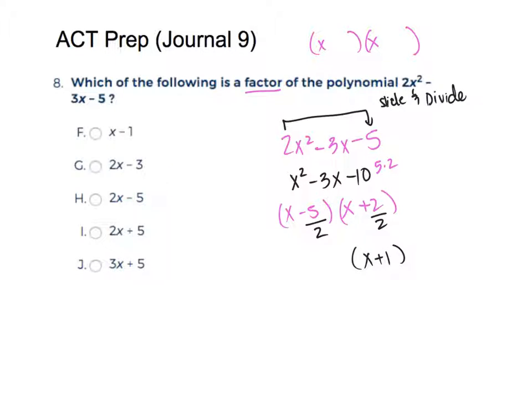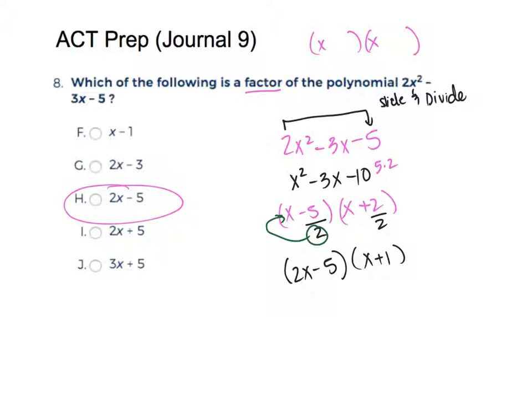Notice how 5 and 2 don't divide very nicely. You might have learned in Algebra 2 that when it doesn't divide nicely, you put it in front of the x. So you have 2x minus 5. Looking at the answer choices, one of the factors is x minus 5, so H is the correct answer.